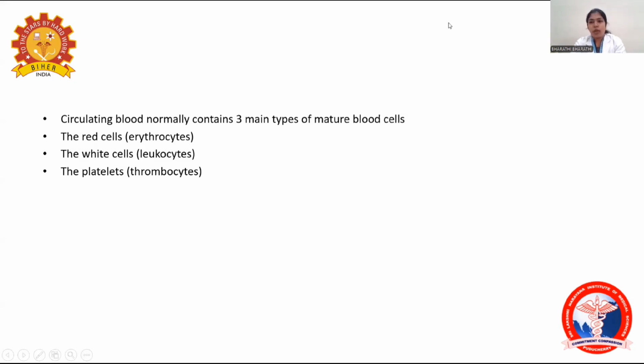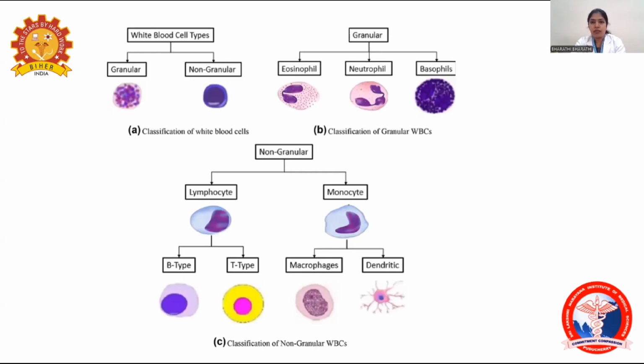Before going into the topic proper, let us discuss normal hematopoiesis. The circulating blood normally contains three main types of mature blood cells. As we all know, they are red blood cells, otherwise called erythrocytes, white blood cells, otherwise called leukocytes, and platelets, otherwise called thrombocytes. The WBCs are again classified into granulocytes and agranulocytes.